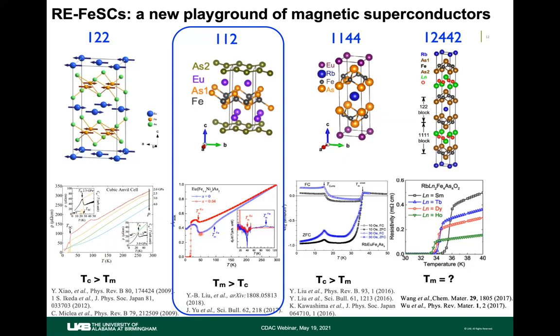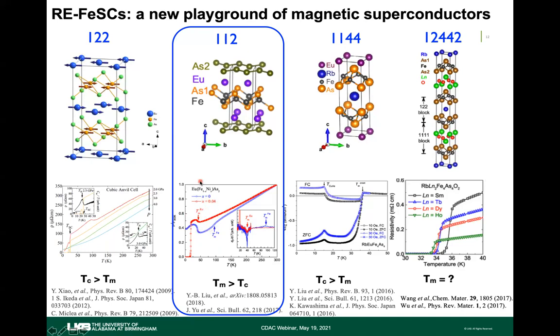And then at lower temperature, there is another feature, and this group believes this could be from the europium magnetic order. In fact, they also did a Mossbauer experiment in the lab to identify that this feature here is indeed from the magnetic order in iron, and this is from the europium.